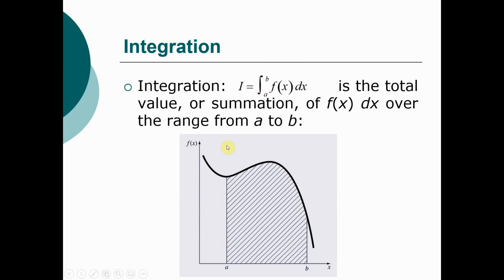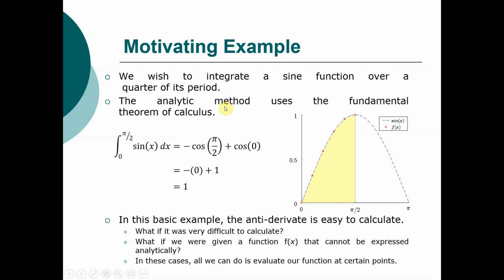All the numerical integration methods that we have are different ways of approximating this area, right? So what we're going to try to solve is an integral over certain boundaries, a definite integral, and we're just going to find a good approximation for the area below the curve. That's the whole concept of numerical integration.